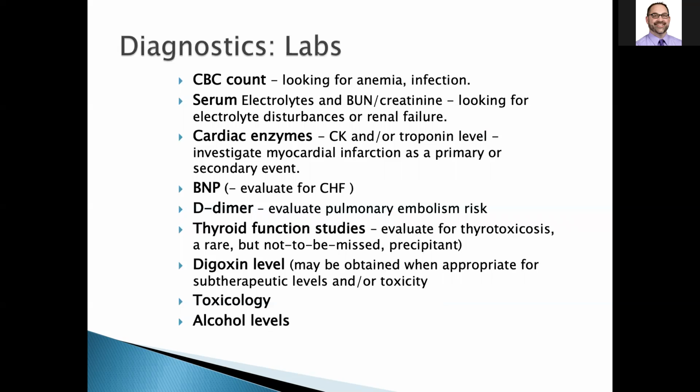Looking at BNP to evaluate for heart failure, D-dimer looking at pulmonary embolism risk, thyroid studies like we talked about, looking at a DIG level if they're on DIG, toxicology if you're worried about overdose, alcohol levels if they're coming in intoxicated.